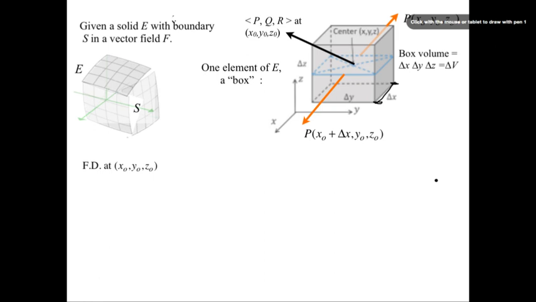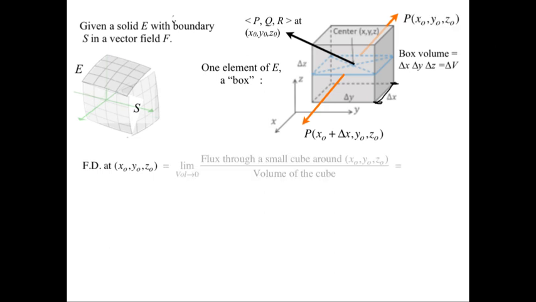We're going to add those three up. And so we know that's going to be the flux divided by the volume. It's going to be the total flux through the small cube over the volume of the cube.